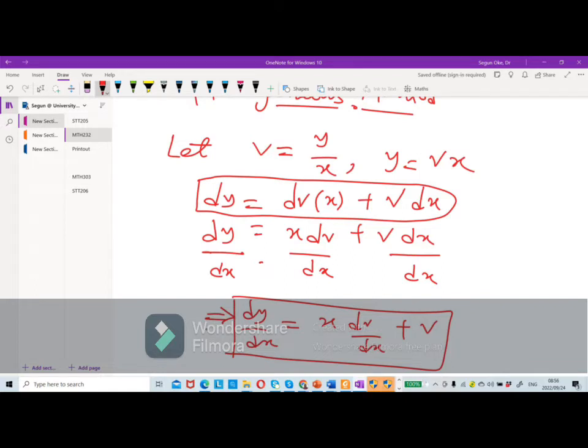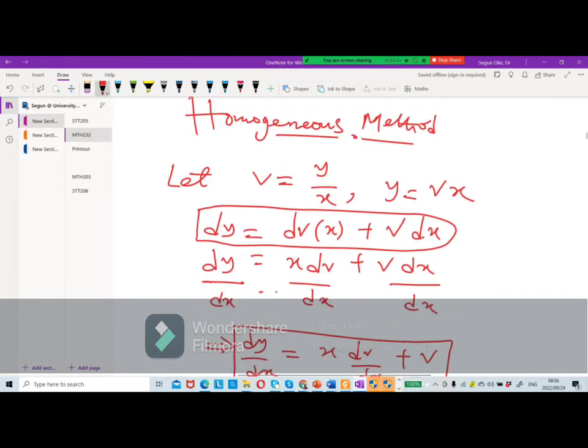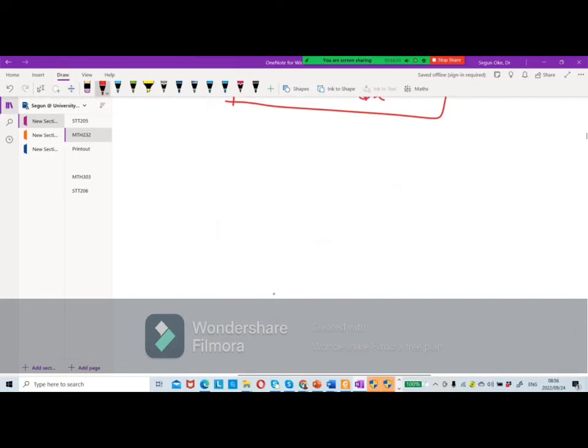Now, how do we get homogeneous out of the old problems we have? Let's look at the examples. Example 2 now, we've done one the other time. We have 2x dy equals x plus y dx.